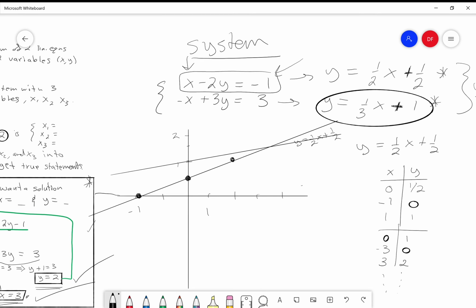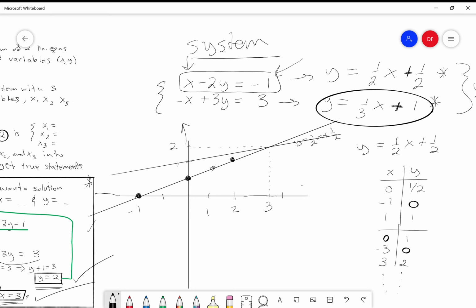It's actually 1, 2, so I'll have 1 here, 3. Okay.